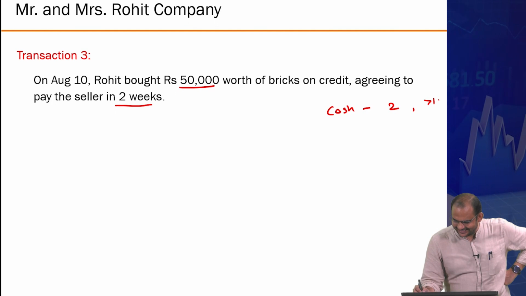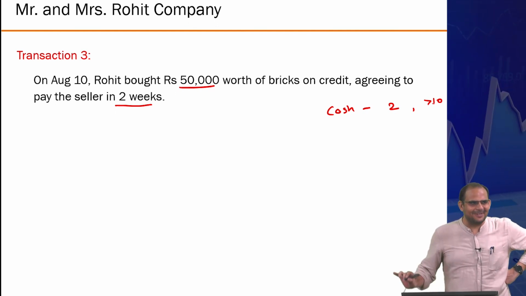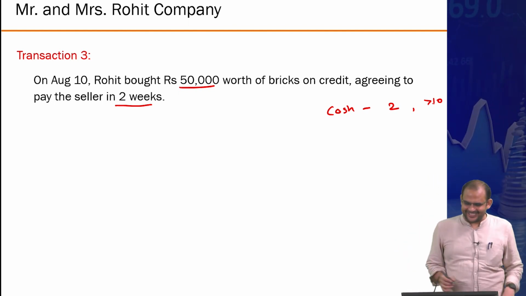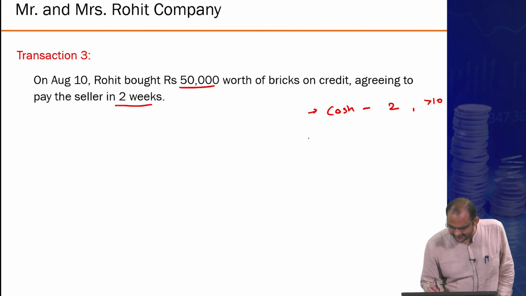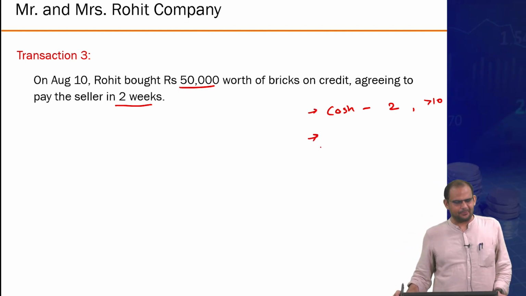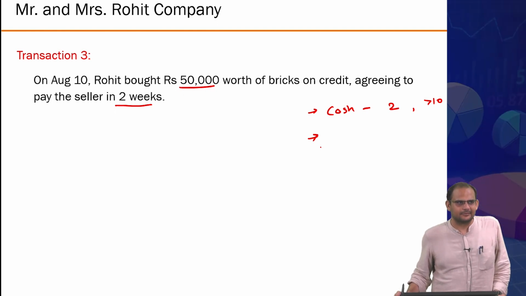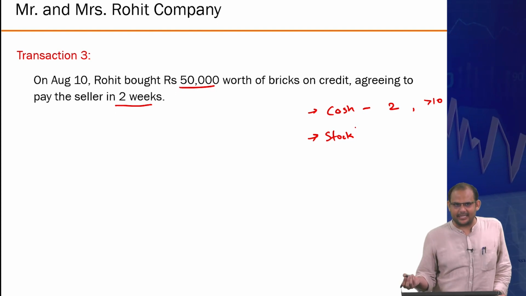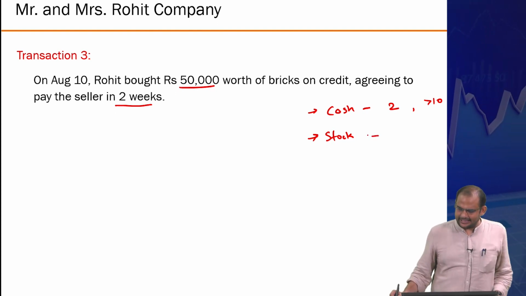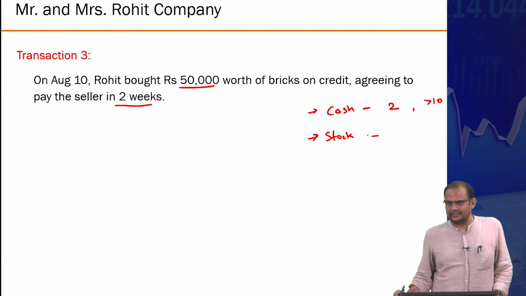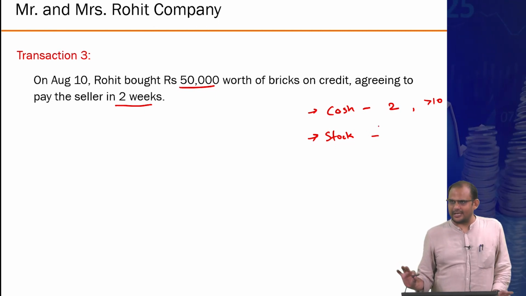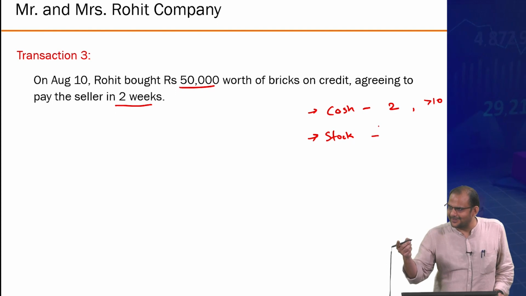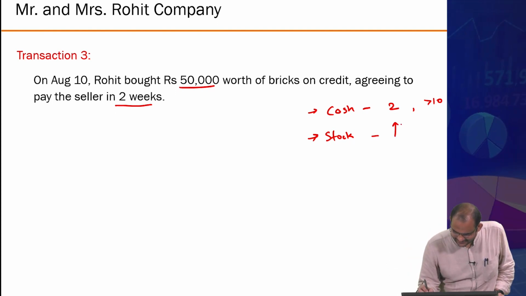Yeah, more than 10. How many no opinion? Or still not sure what's happening? Okay, we'll deal with it. What are the other assets? Stock, which will be essentially your brick as a material, right? Increases or decreases? Increases. All agree unanimously? All fine? Different opinion? No? Okay. So this is increasing.